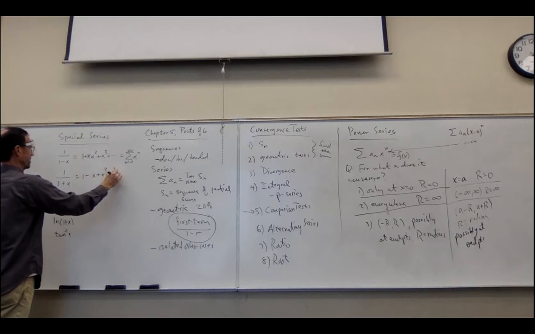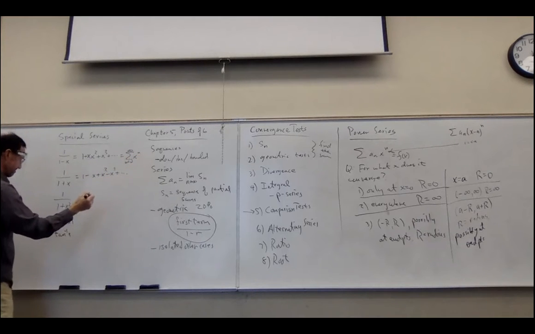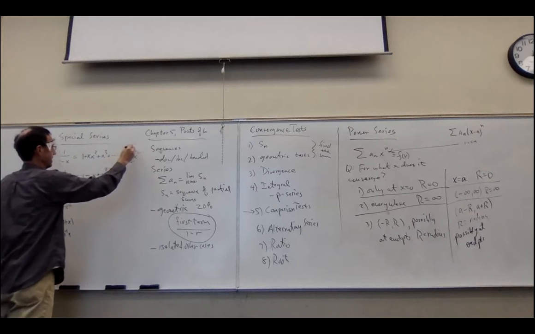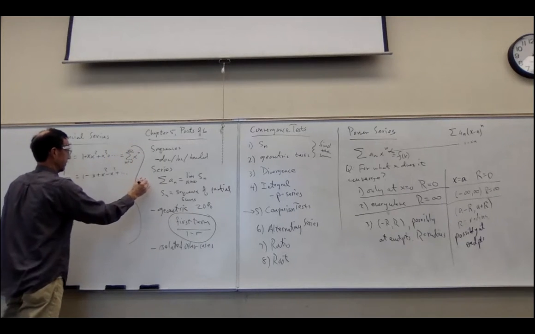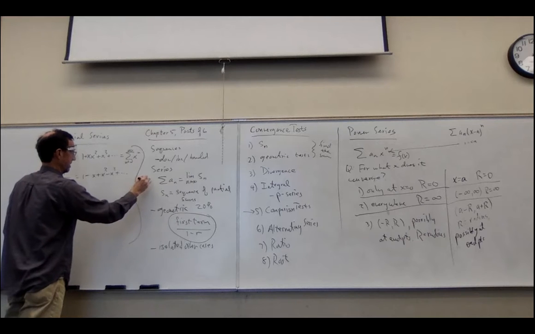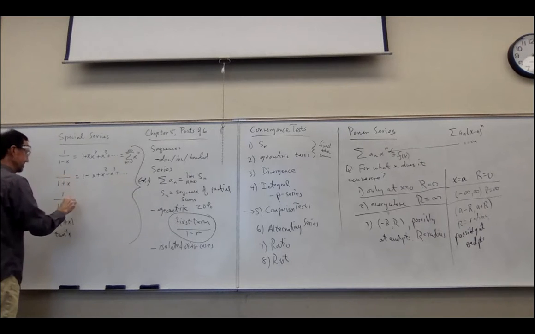Good for you. There's also the interval of convergence on all of these. It converges on -1 to 1. The radius is 1. Some of them converge at the endpoints. So here we're plugging in x squared into this one.